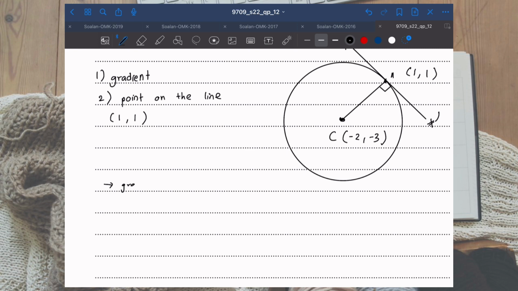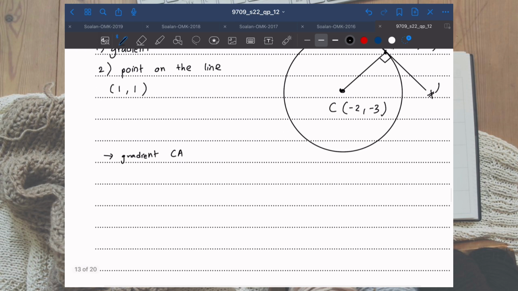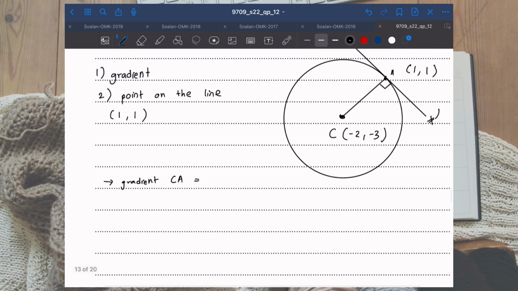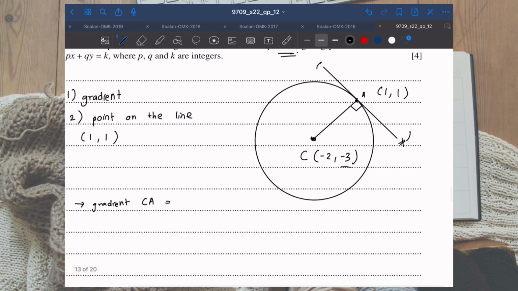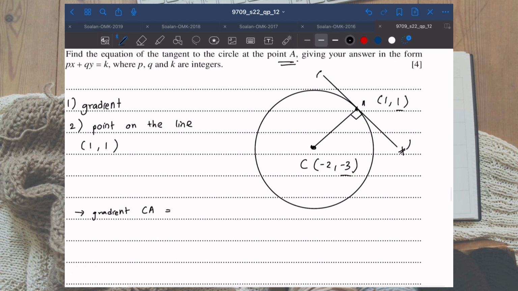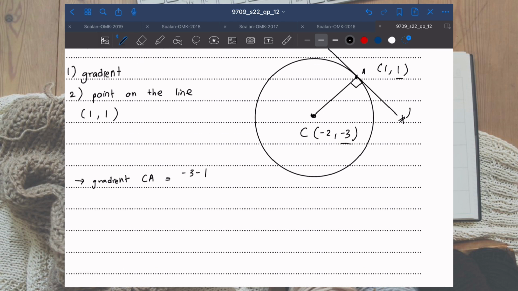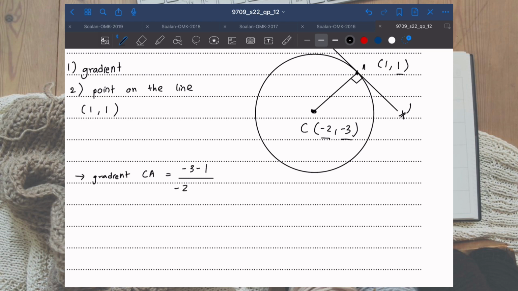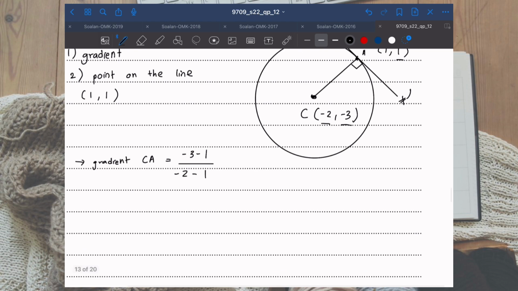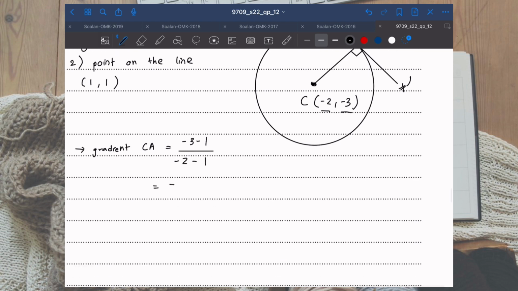So gradient CA will be the y of C minus the y of A, so -3 - 1, over the x of C minus the x of A, so -2 - 1. We'll get -4 over -3. This is 4/3.